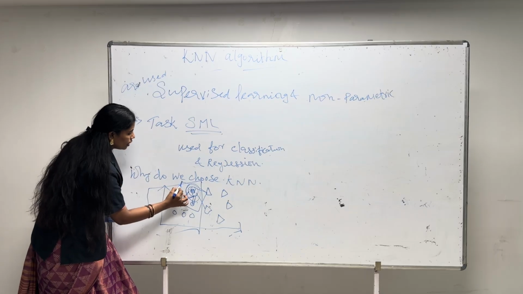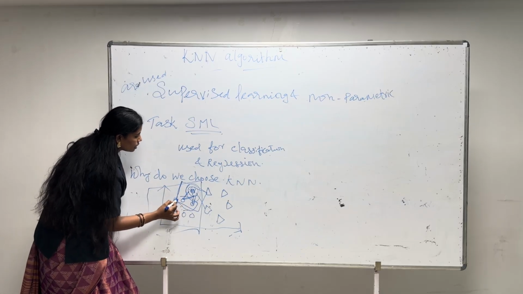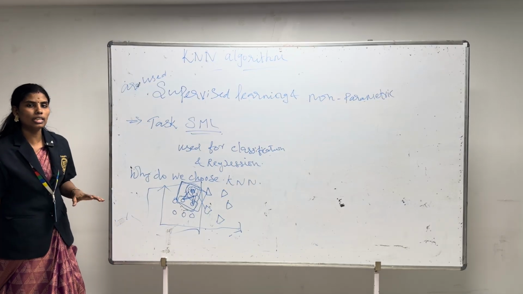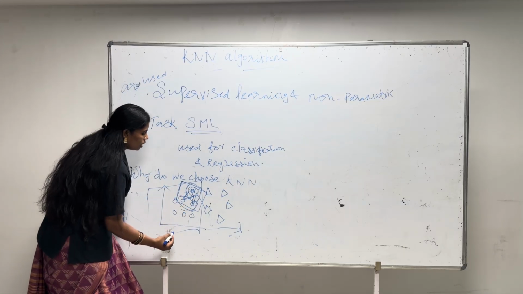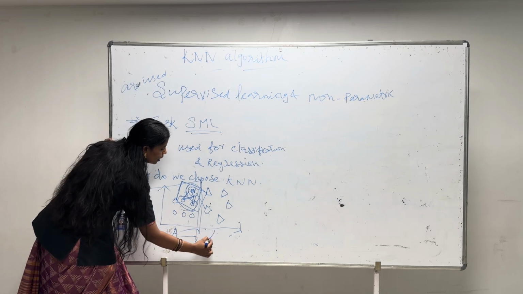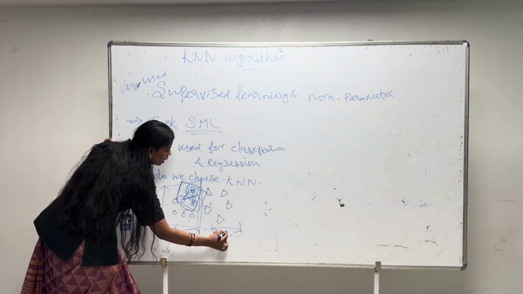Here we have two circles as the majority for the new input data, so the data belongs to category A. A is given as circle and the B data are given as triangle.